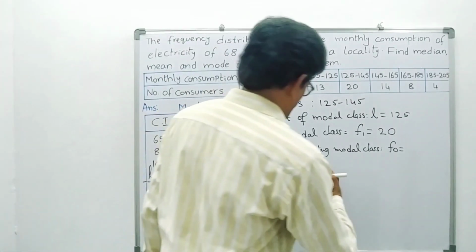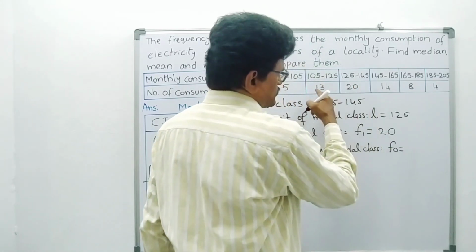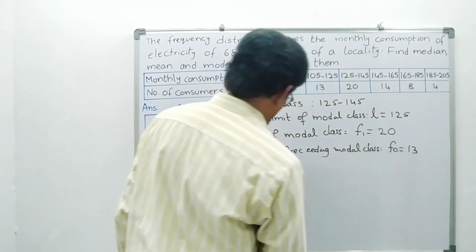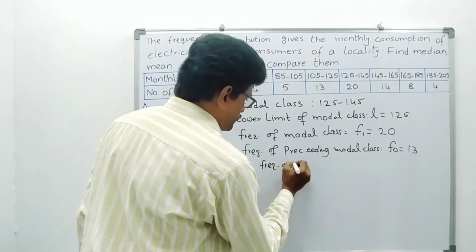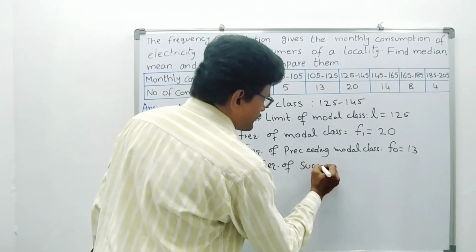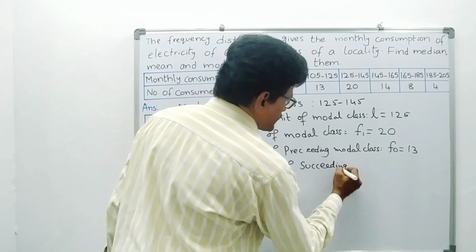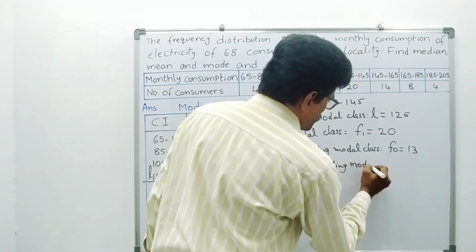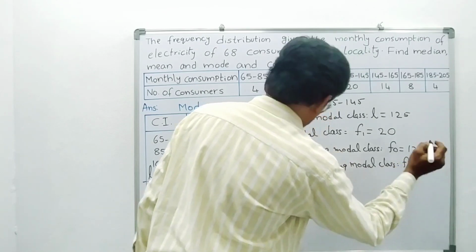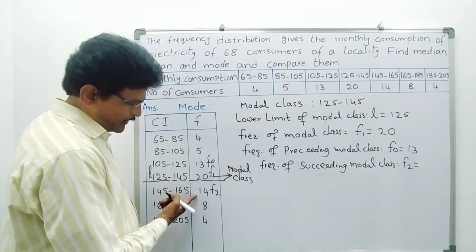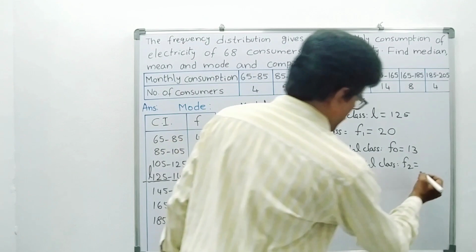So the preceding frequency of the modal class is 13. Now frequency of the succeeding class of the modal class, that is F2. Modal class frequency 20, the next frequency is 14.